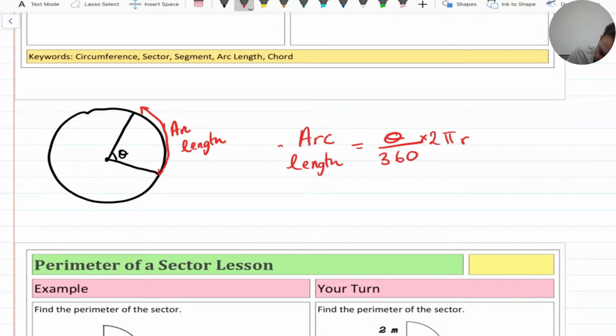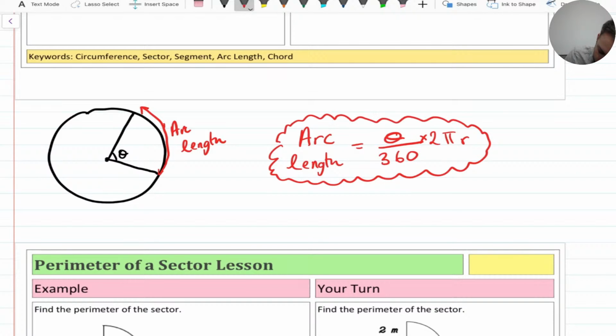So this here is the formula for arc length: theta over 360 times 2 pi r. Hopefully you've got that down.